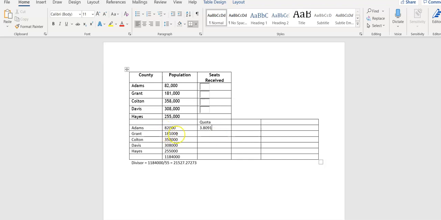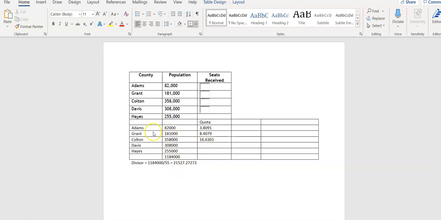All right, now we're going to do the same thing for Grant County. We're going to take 181,000 and divide it by this number right here. And that is 8.4079. And now we're going to take 358,000 and divide it by this number right here. That gives 16.6301.